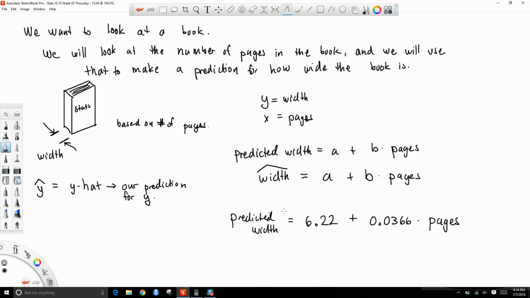This is the equation provided by our textbook for predicting the width of a book based on the number of pages. And this will provide predicted width in millimeters.